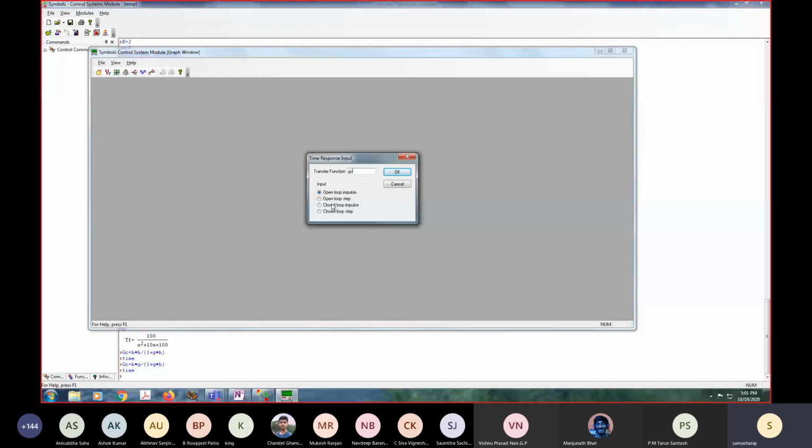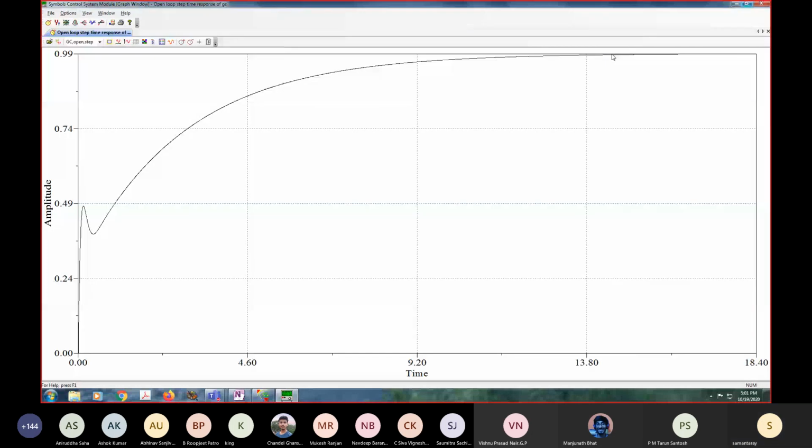I will take the open loop step. My reference velocity is 1. See, does it reach 1? Initially it was going to 0.49 and then going down and settling somewhere below 0.33.